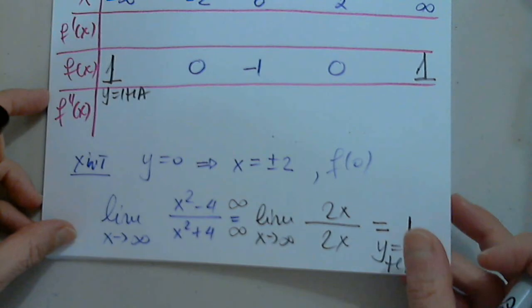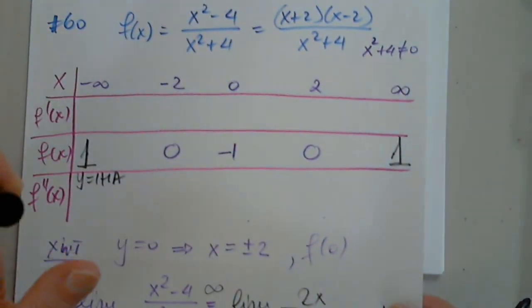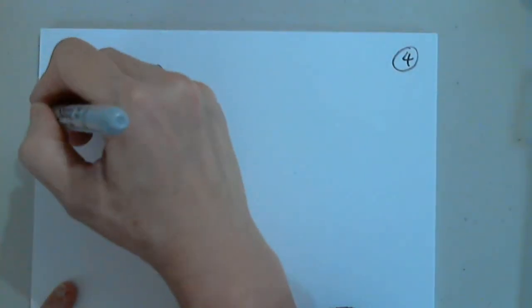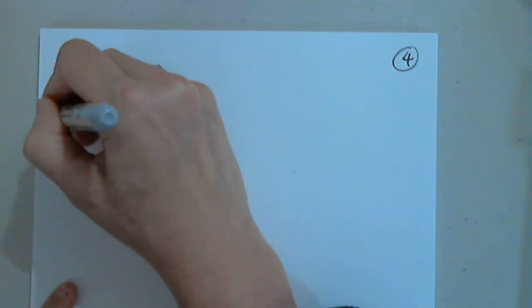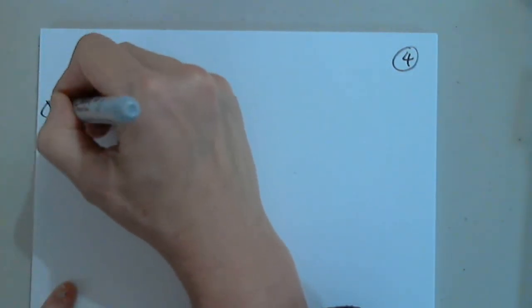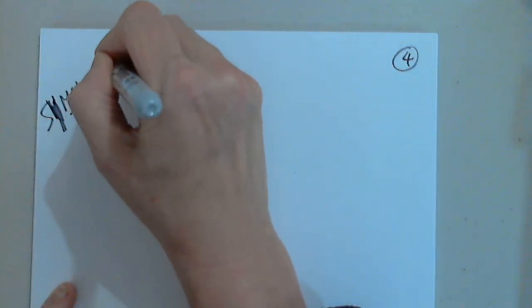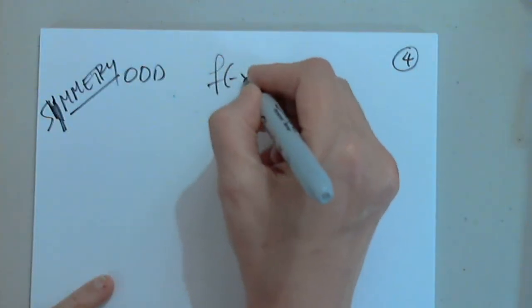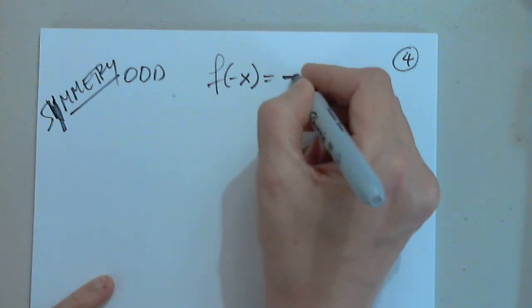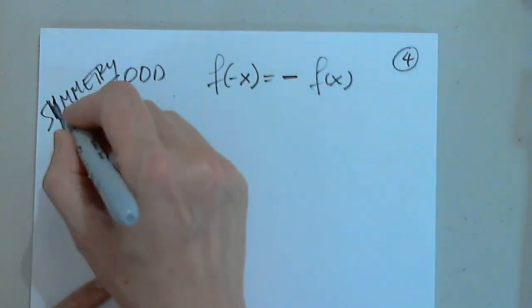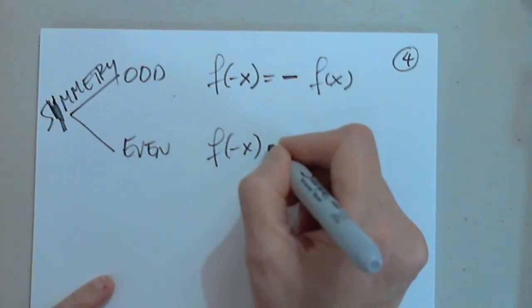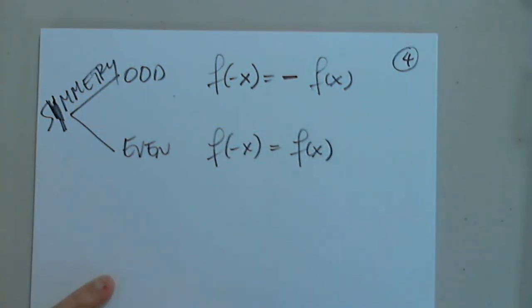Good. Now let's talk about symmetry. It's very important. So let me refresh your memory on symmetry. Odd functions: f of negative x is the opposite of f of x. For even functions, f of negative x equals f of x.